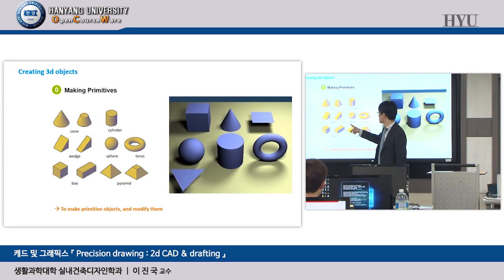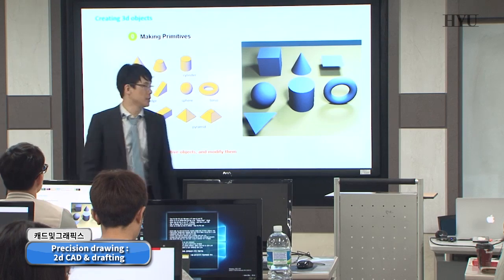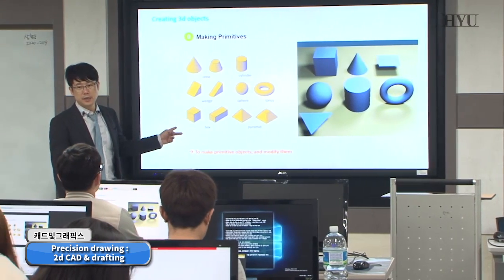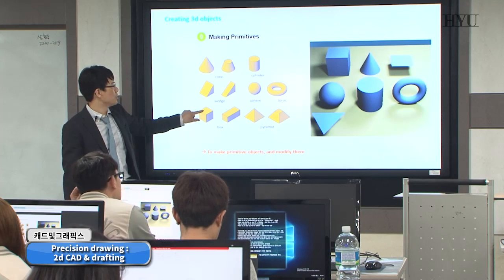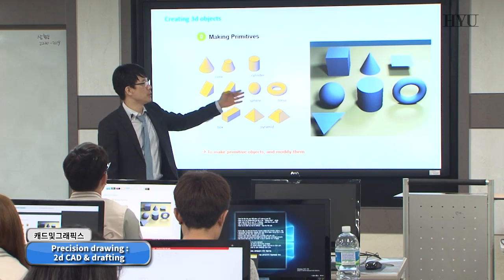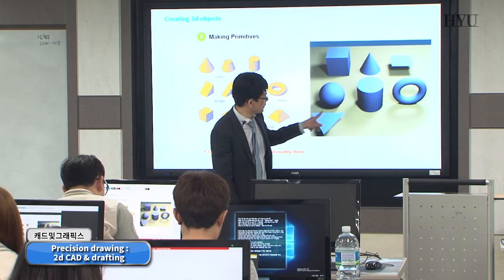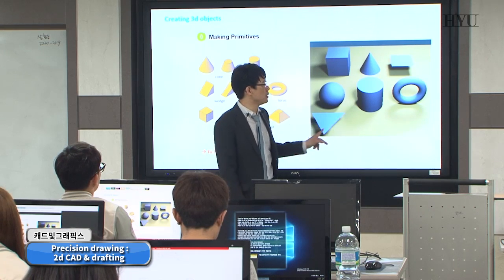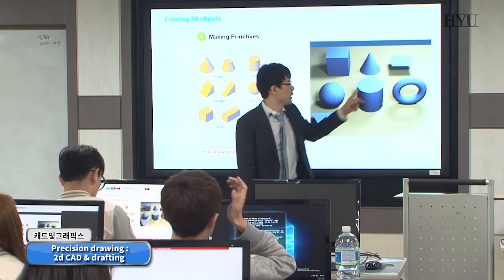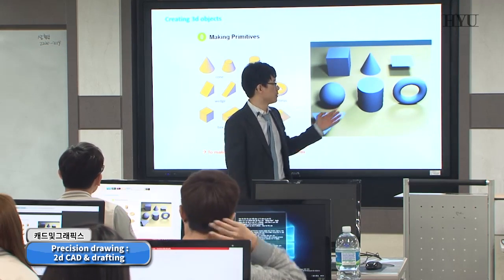Cone, cylinder, wedge, sphere, torus, box, pyramid, they are all predefined 3D objects, okay? If you click the box icon or sphere icon, you can easily get those 3D objects in a 3D application. But actually this kind of triangular plane or rectangular plane is not 3D, but anyway, it is in the primitive definition.